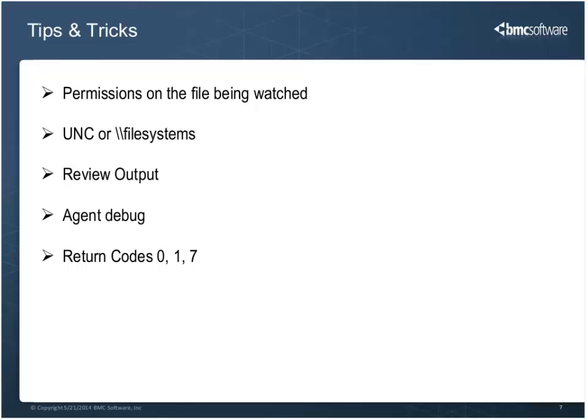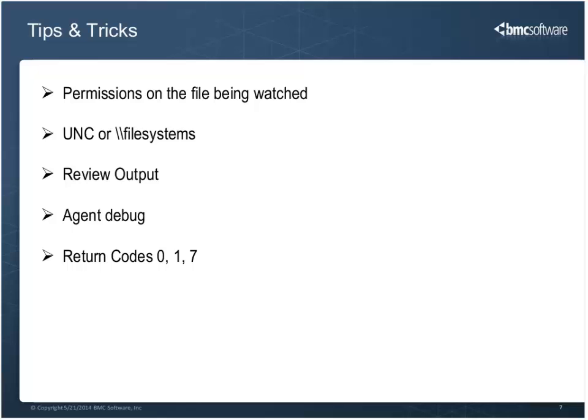If you have issues, the easiest thing to do is just pull up the output. We used to call it sysout, and I keep wanting to call it sysout, but it's now called output. Look in the output, and you can see the decisions that FileWatcher made as it looked at the file, what file it used and how long, and you can actually tell the timing of it and what it found.